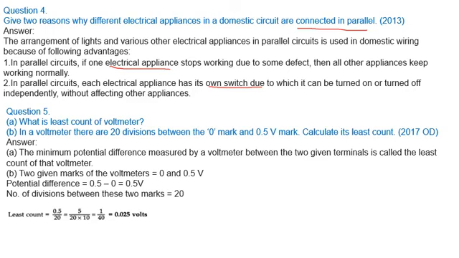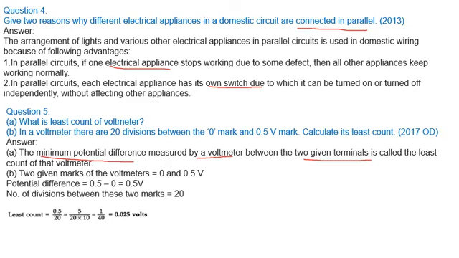Question number 5. What is the least count of a voltmeter? So what do we mean by least count? It is the minimum potential difference measured by the voltmeter between the two given terminals. Now, how to find out the least count?